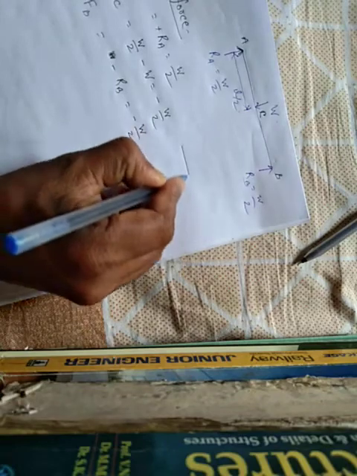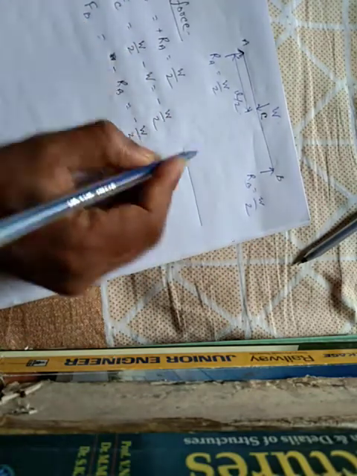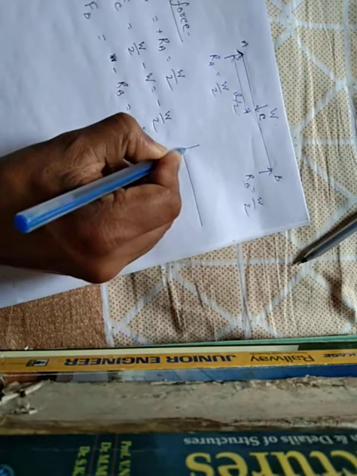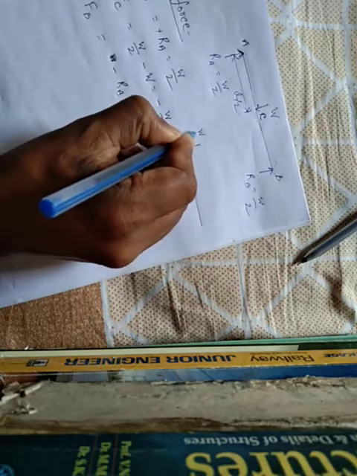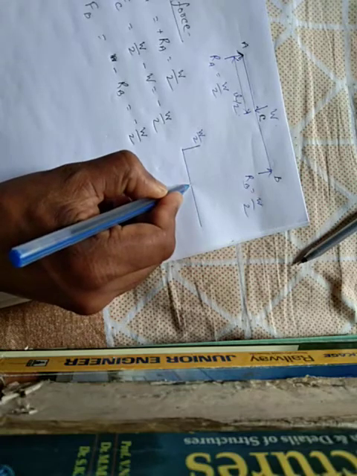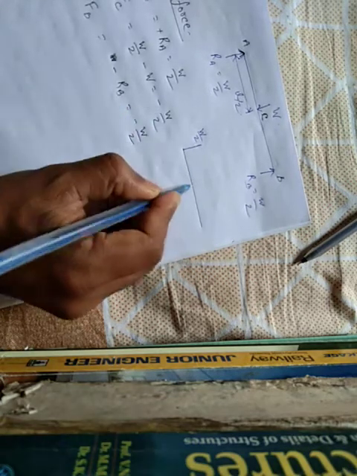This is the beam. Shear force at point A is equal to W by 2, a constant value, and shear force at the center is minus W by 2.